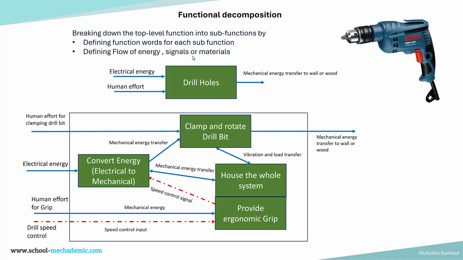So from this block diagram, which is actually a very simple simplification of the drilling machine, we can understand the overall internal workings of the drilling machine and the various sub-functions it performs, and allocate those sub-functions to the various assemblies which are there in the drilling machine.